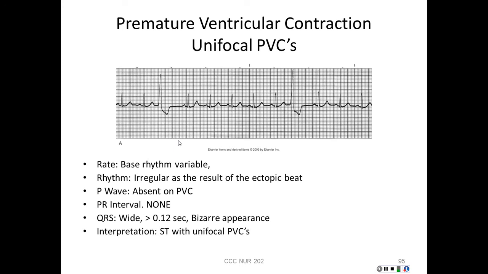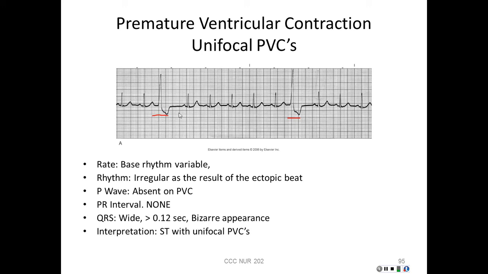PVCs can be unifocal or multifocal. Now, when I talk about unifocal, I mean they're coming from the same location. If you look at this PVC and this PVC, you can see they look the same. They're basically coming from the same area. Now, characteristics of the PVC is basically they're a wide, bizarre-looking complex.